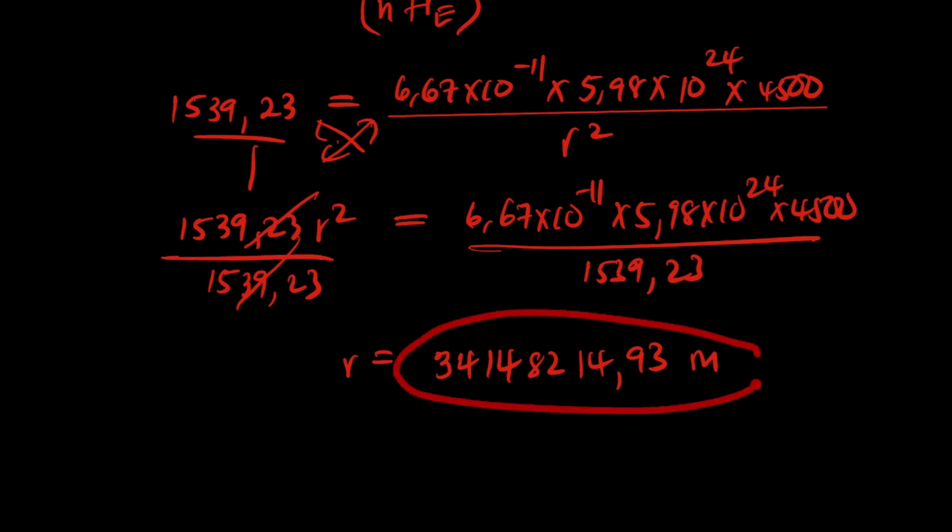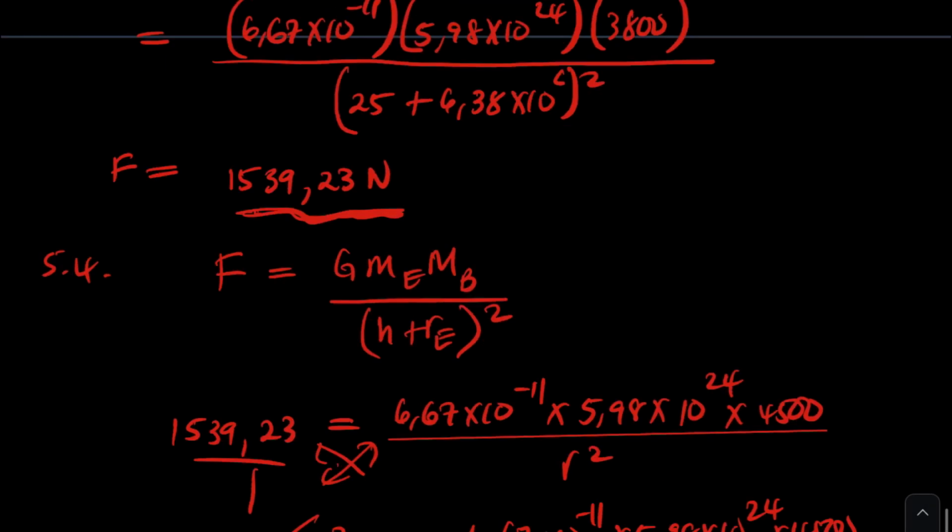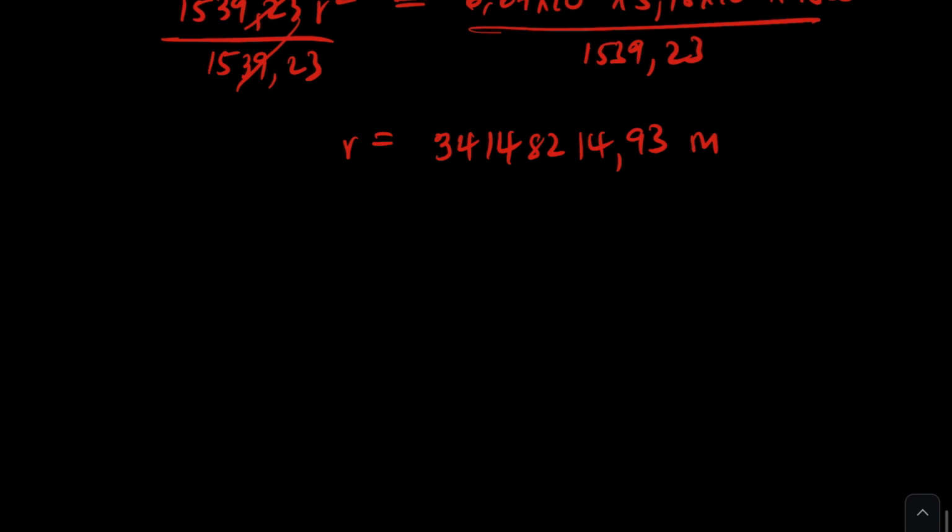What is this R? The R that I've calculated is from here to here, right? It's from here to here, including the radius. So now I'm going to subtract the radius, so it's going to give me from here to here. So I'm going to say height is equal to R minus the radius of the earth.